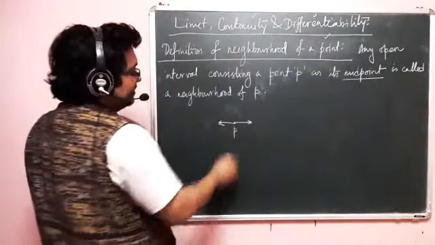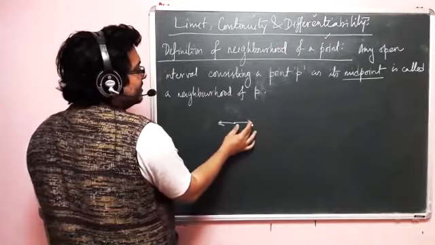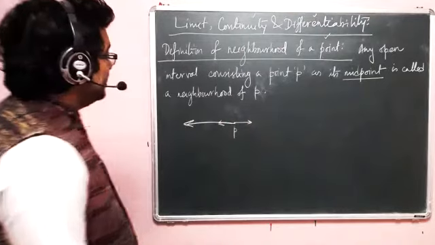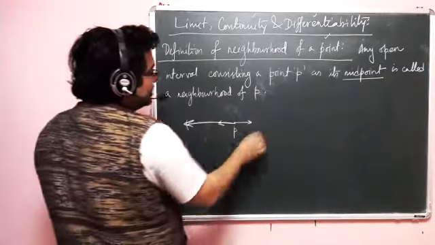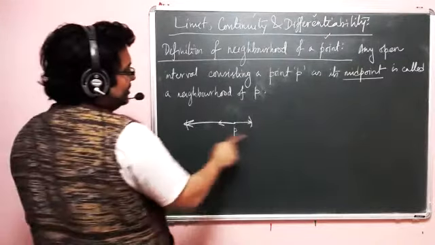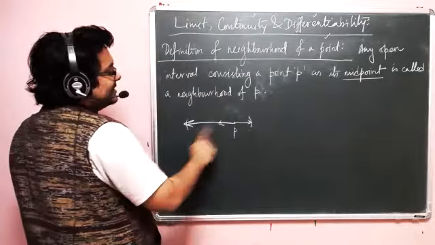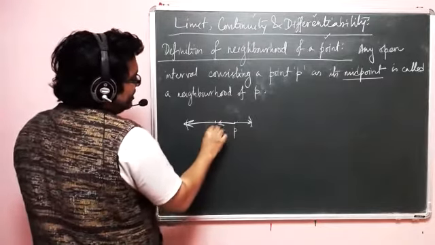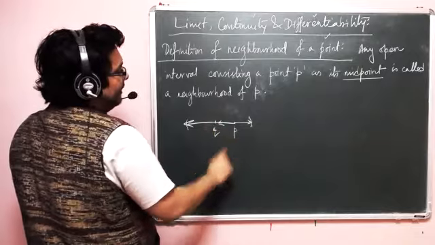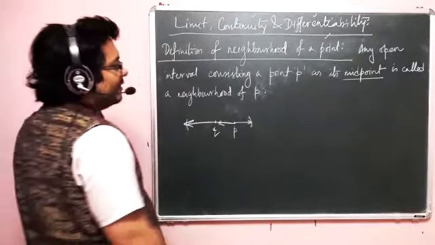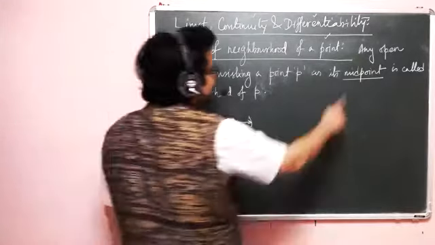What will change if I take this much distance on the right side but a longer distance on the left side? Will this not be a neighborhood? Yes, it will be a neighborhood, but then it will be around some other point Q, not around P. So if I'm considering a neighborhood of a point P around P, then P becomes the midpoint.